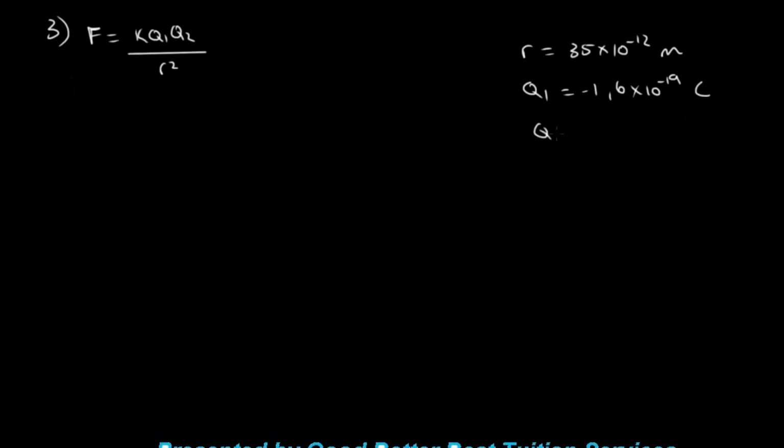Coulombs, Q2, which was the proton, positive 1.6 times 10 to the negative 19 coulombs. If we do that, the force between this proton and this electron is given by 1.88 times 10 to the negative 7 newtons, and like I said, there's a force of attraction.